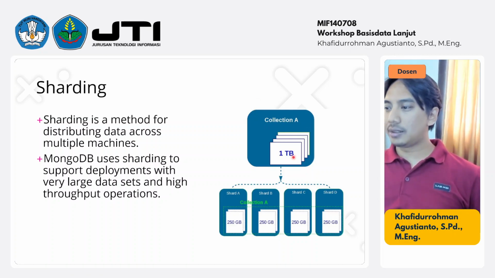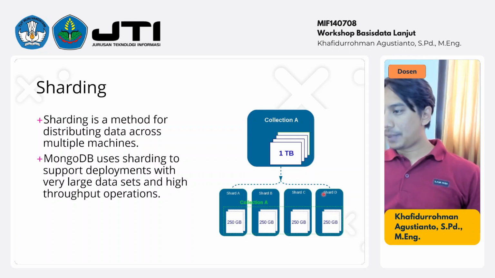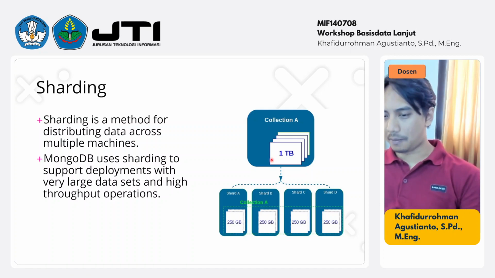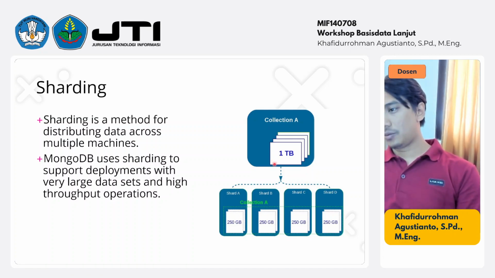You can shard it across four nodes, shards A, B, C, and also D. Every shard, for example, can hold 250 gigabytes. So 250 gigabytes across 4 equals 1 terabyte. It's very important to increase the speed.